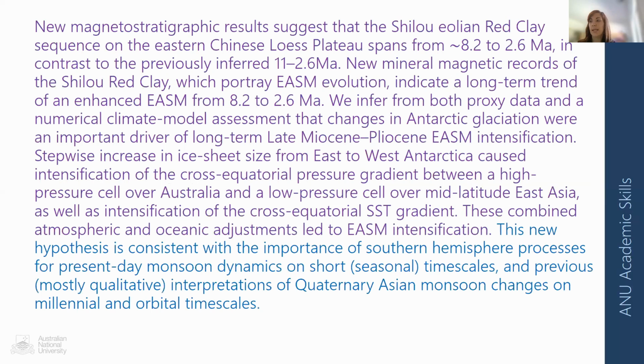So we can see in this example, we've got some summary in the purple, and then broadening out. This new hypothesis is consistent with the importance of Southern Hemisphere processes for present-day monsoon dynamics and previous interpretations of Quaternary Asian monsoon changes on millennial and orbital timescales. So we're getting wide again, talking about monsoon changes on millennial and orbital timescales.